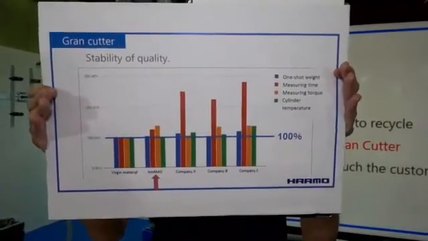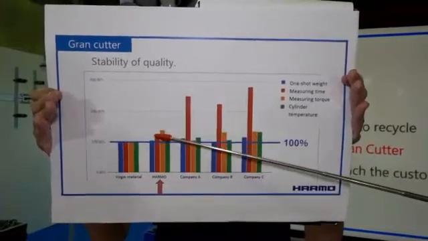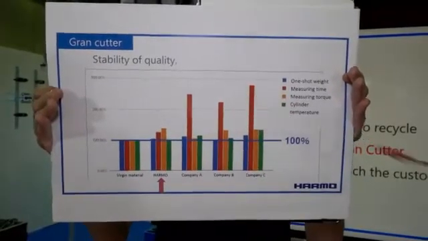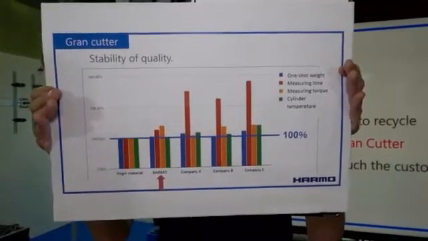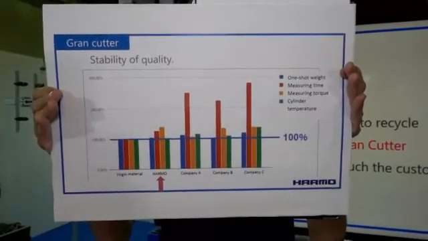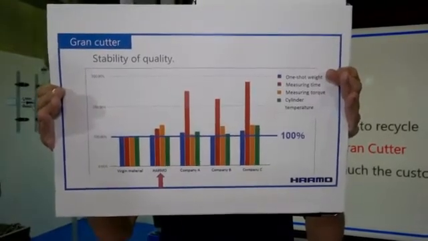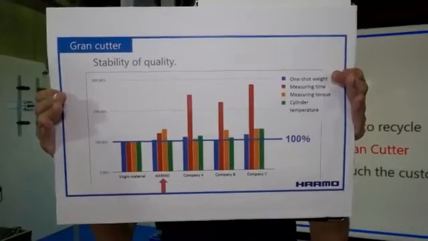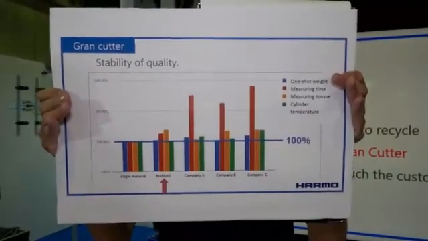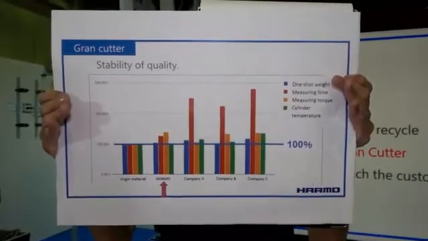The biggest difference among the four manufacturers is measuring time. To be close to virgin material, the shape of material should be equal size, not uneven. So we can strongly suggest Gran Cutter for the customer who desires a stable production using recycled material.